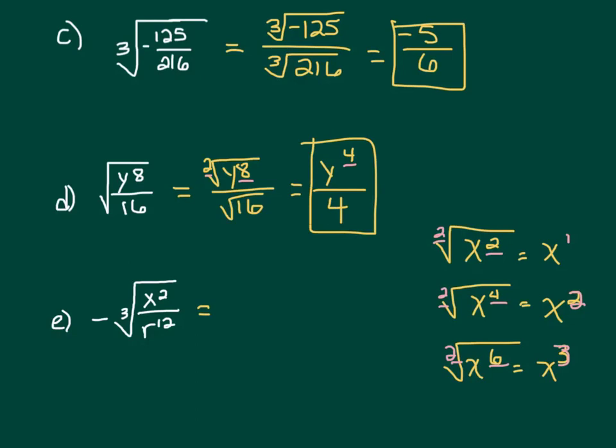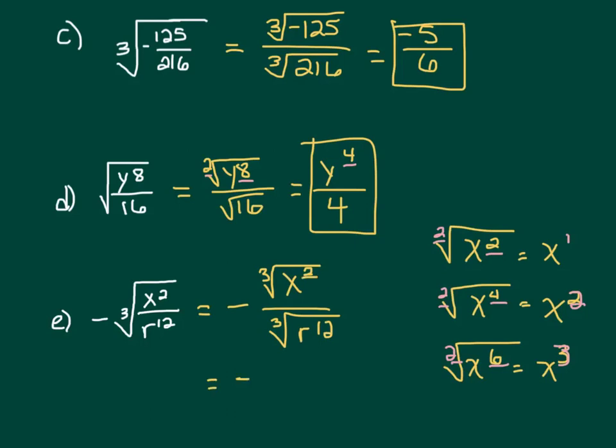And then E, if it's a cubed root, I need at least an x cubed for it to come out of a radical. So x squared is smaller than that. So it's going to be negative, we'll rewrite it, so cubed root of x squared over the cubed root of r to the 12th.